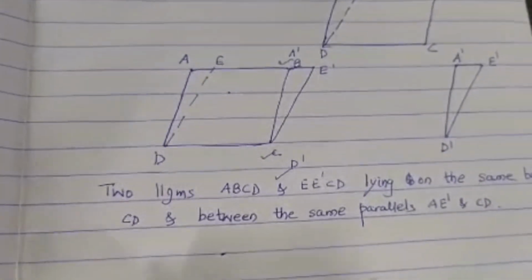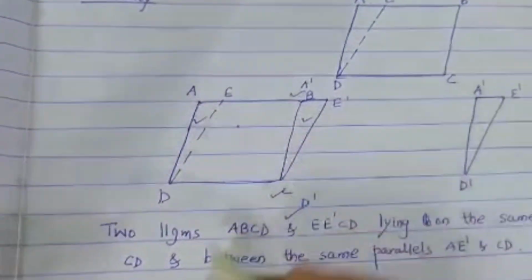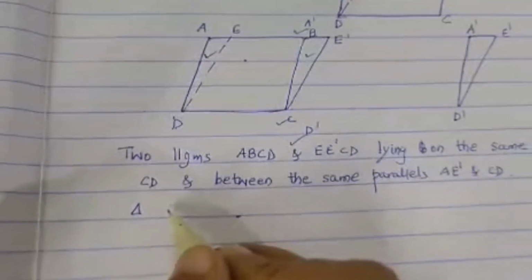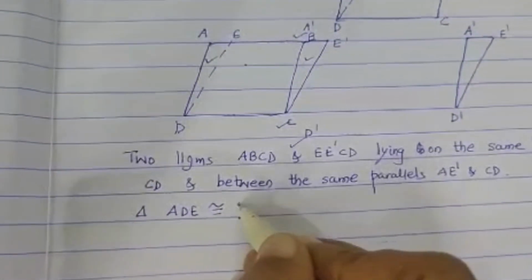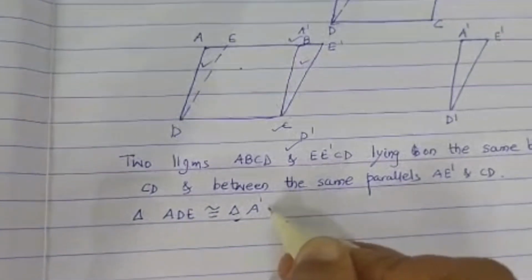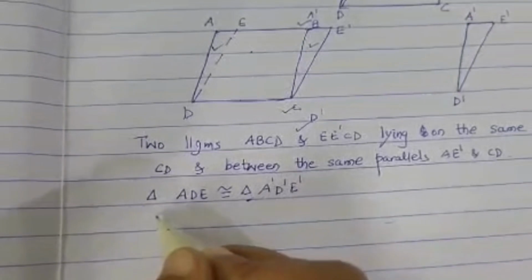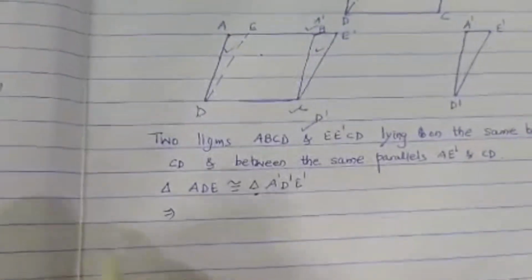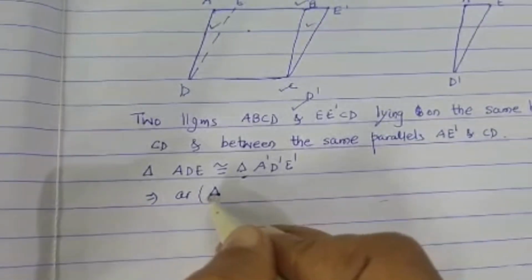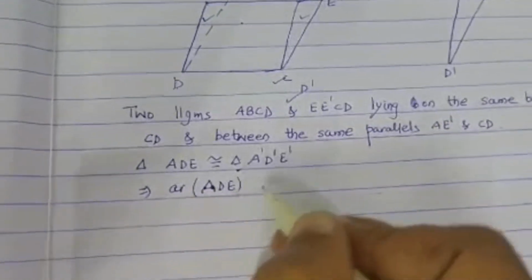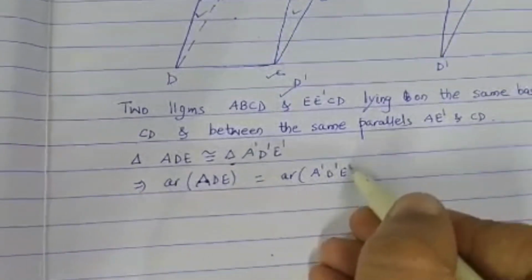Now what we can say, since these two triangles are congruent, triangle ADE is congruent to triangle A dash D dash E dash. So we have studied in the first lecture that these two will have equal areas. Area ADE will be equal to area A dash D dash E dash.